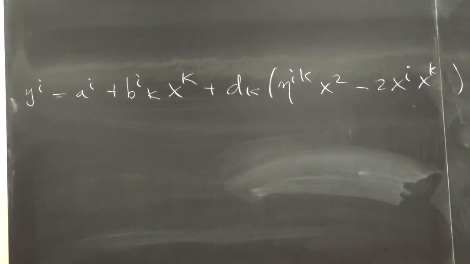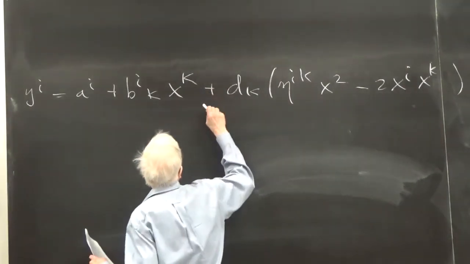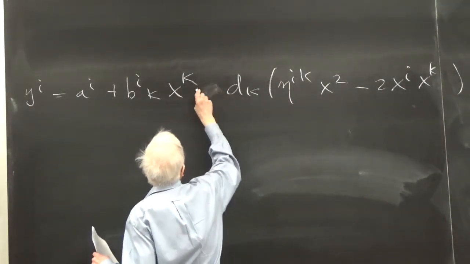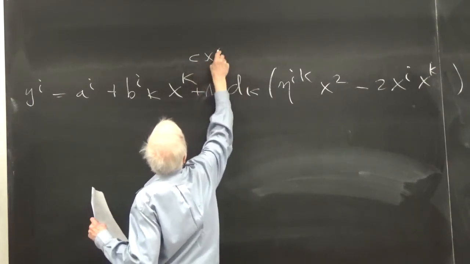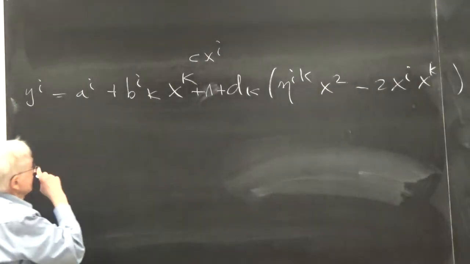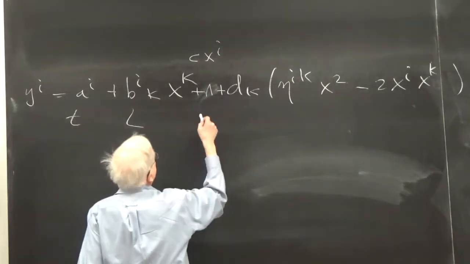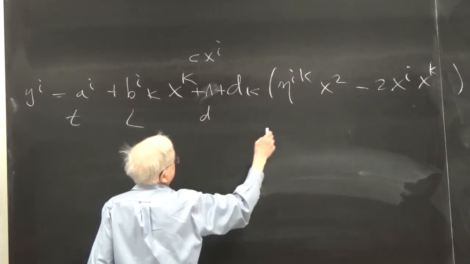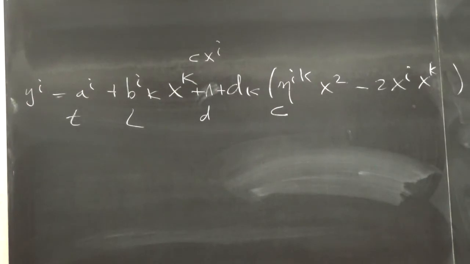Okay, so there's the dilation. So translation, Lorentz transformation, dilation, and then what's called a conformal transformation, because it's a conformal algebra and there's no other nice term for that.